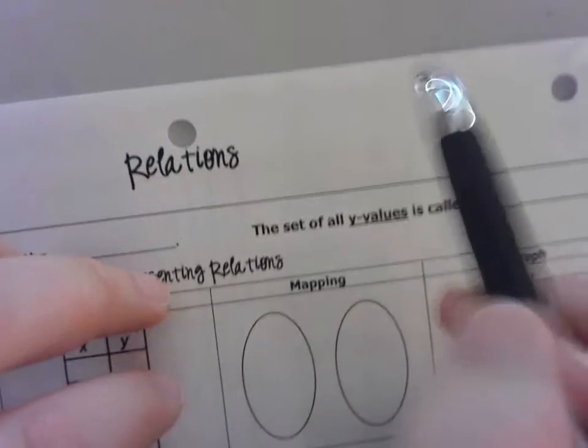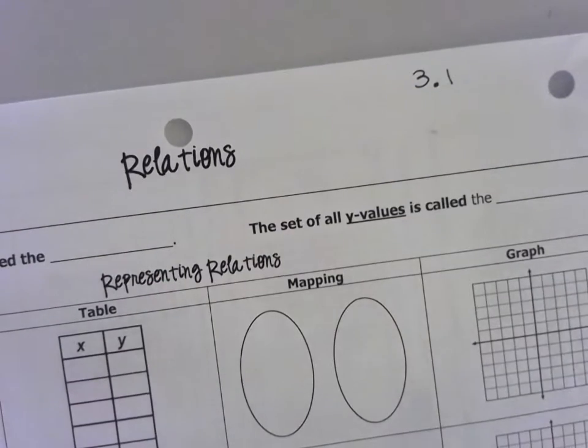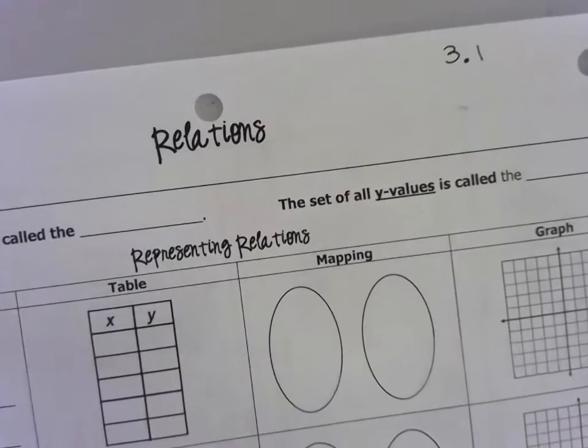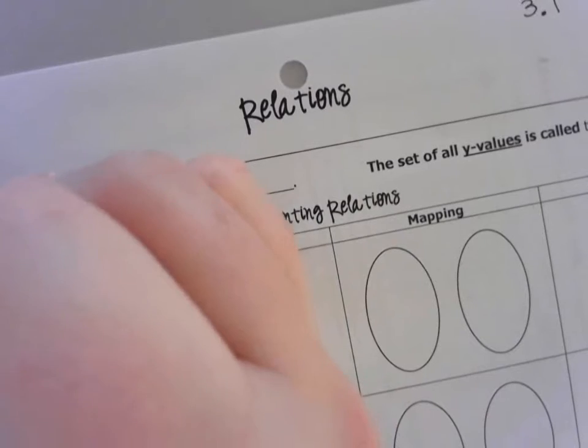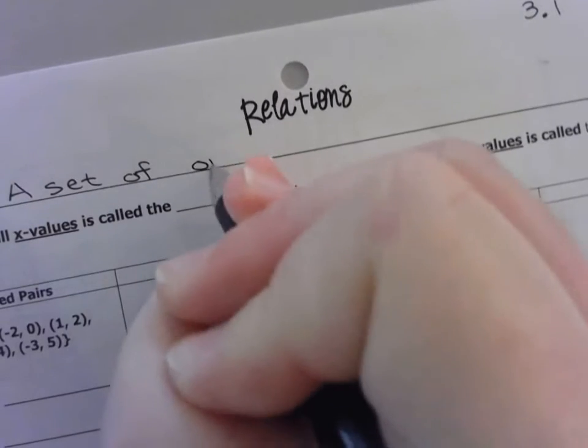So this is Unit 3, Section 1, so you know which ones are Unit 3. We are talking about relations, and like I've said, the nice thing about this is it's not a ton of math. It's just kind of knowing what things mean. When I talk about a relation, it is just a set of ordered pairs.